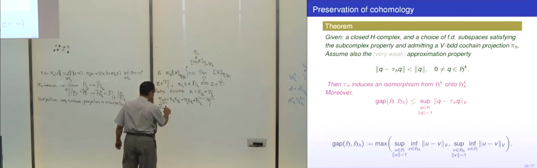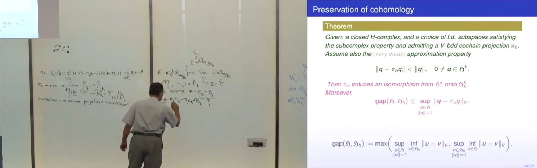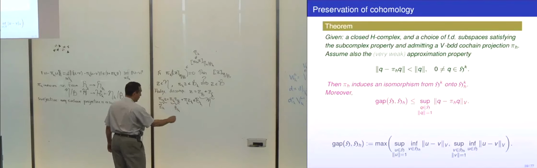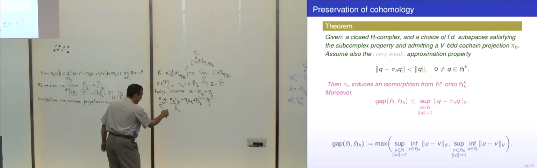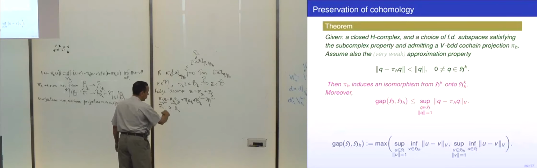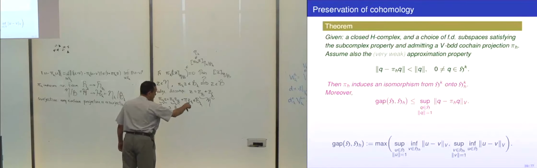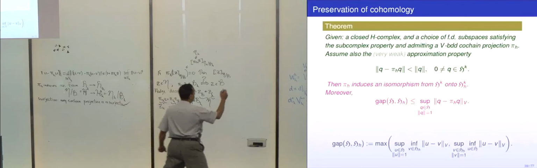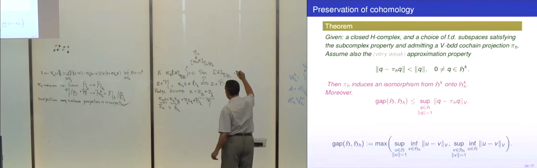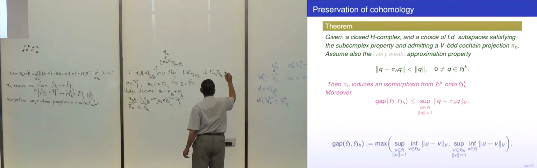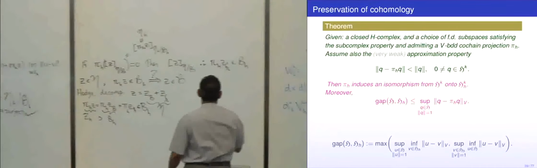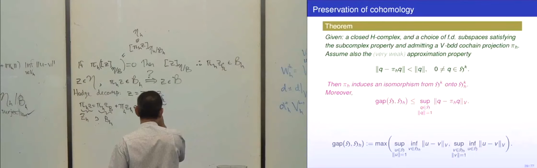This thing is in ZH, this is in BH, and the whole thing is in BH. BH is contained in ZH. So every term in here is in BH except for this one, and since they add up, this has to be in BH. So we conclude from this that pi h of the harmonic part of Z is in BH.